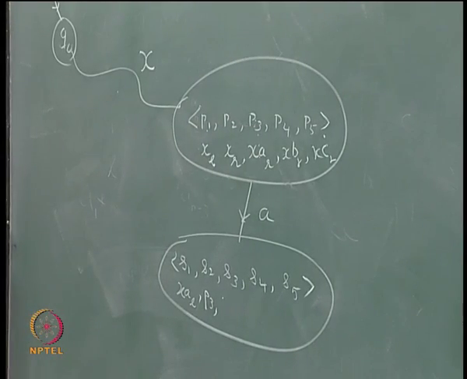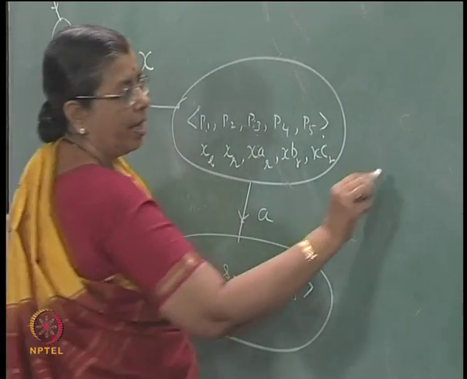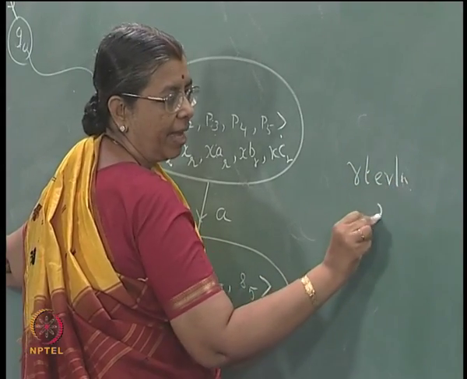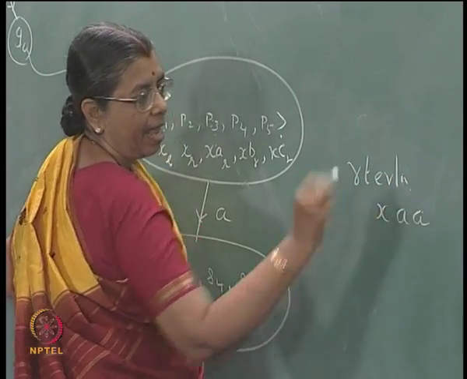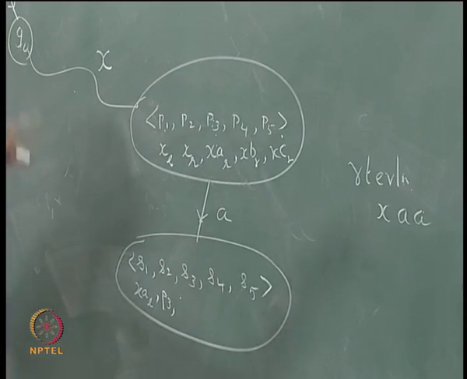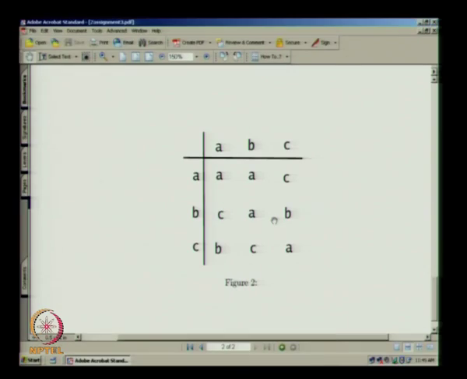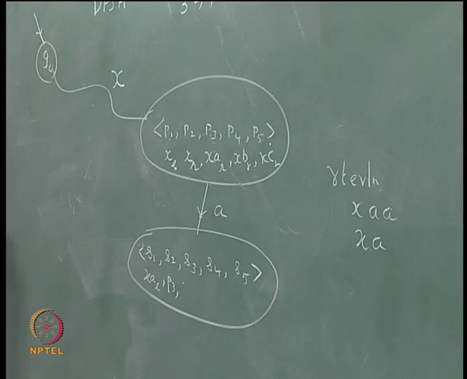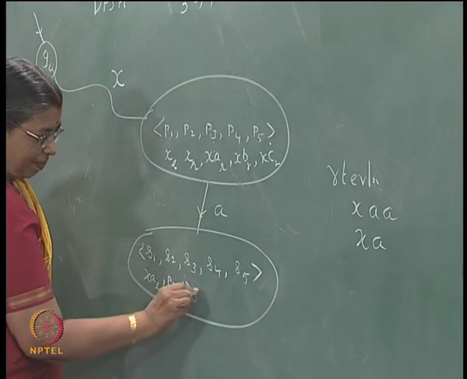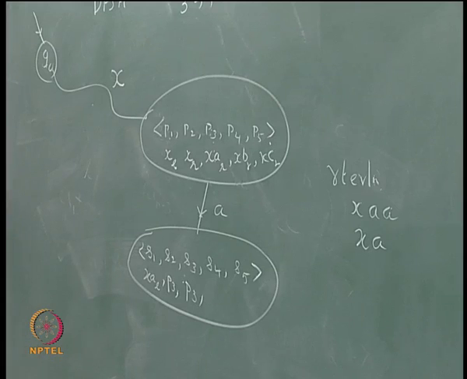It is the right evaluation of XAA. But what is AA from the table? A. So, it is the right evaluation of just XA, right. So, S3 will also be P3.